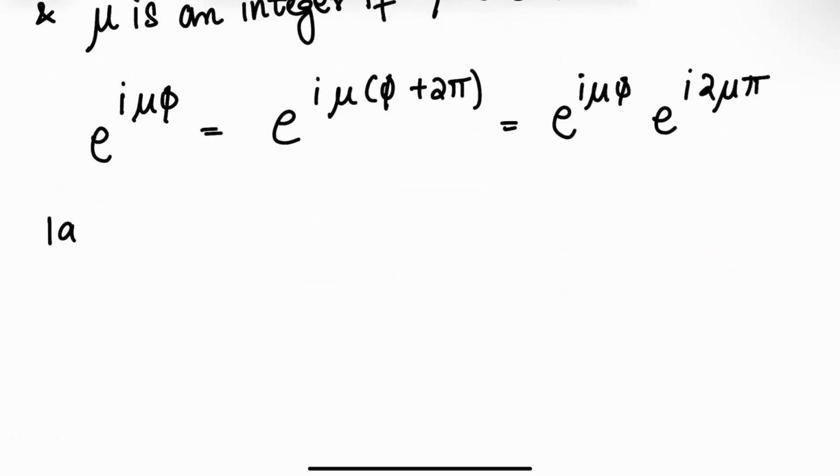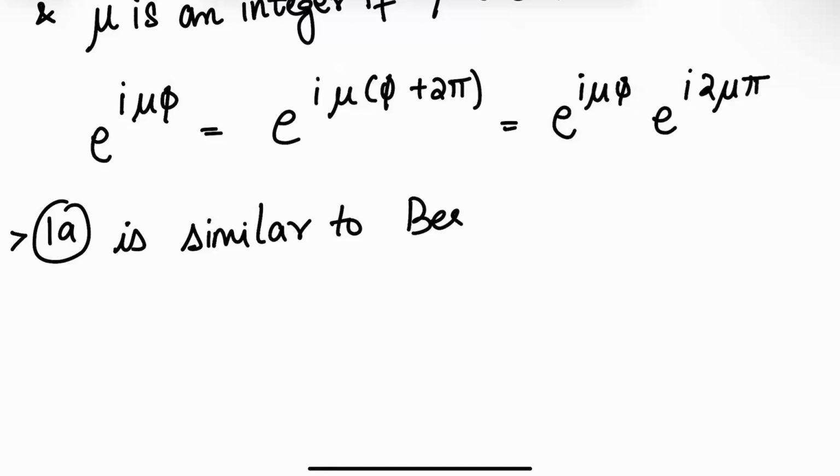Now equation 1a is actually very similar to the Bessel differential equation, which we saw last time when we did the cylindrical wave functions.